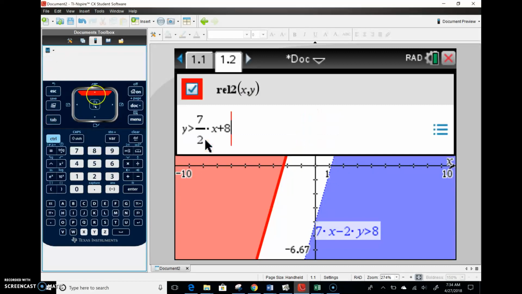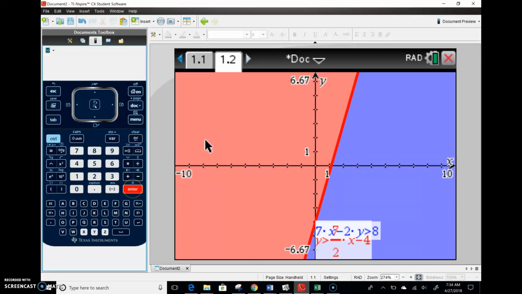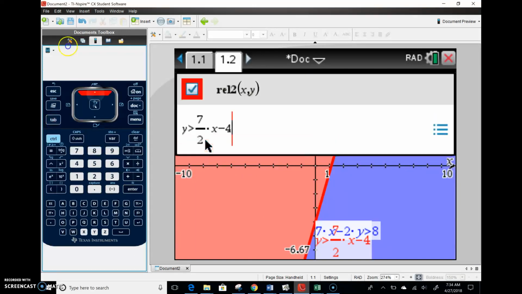C, delete, minus 4. Oh, but I have to change it to less than. I haven't changed it to less than.